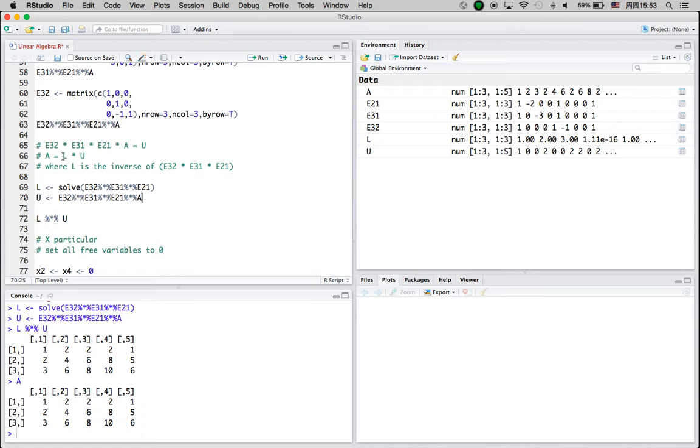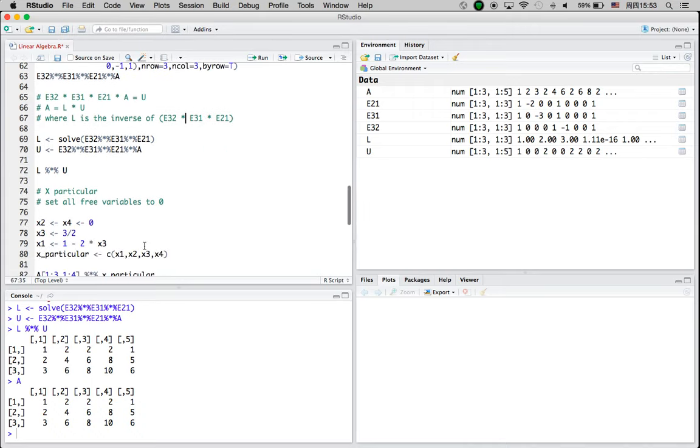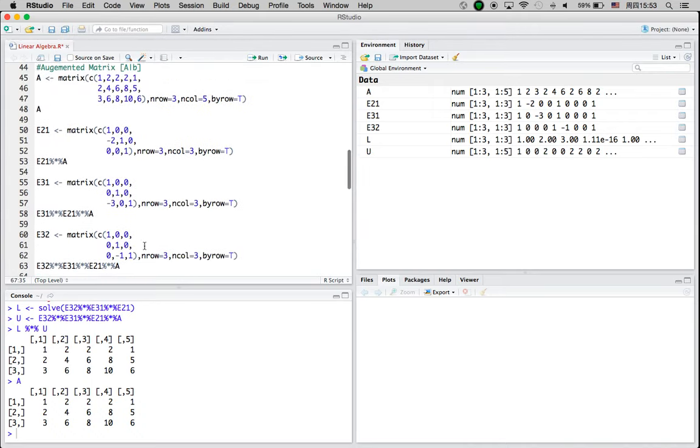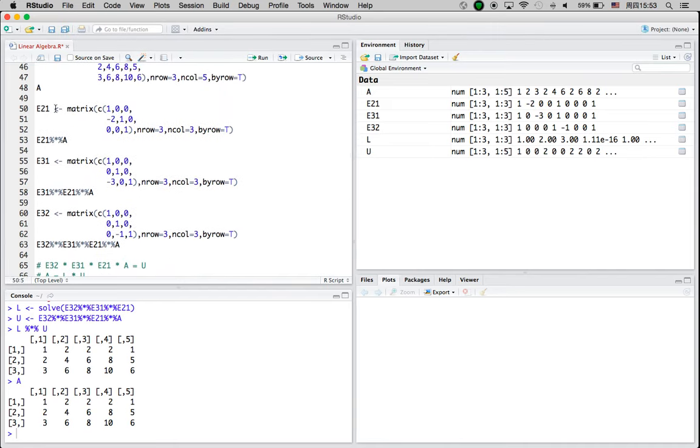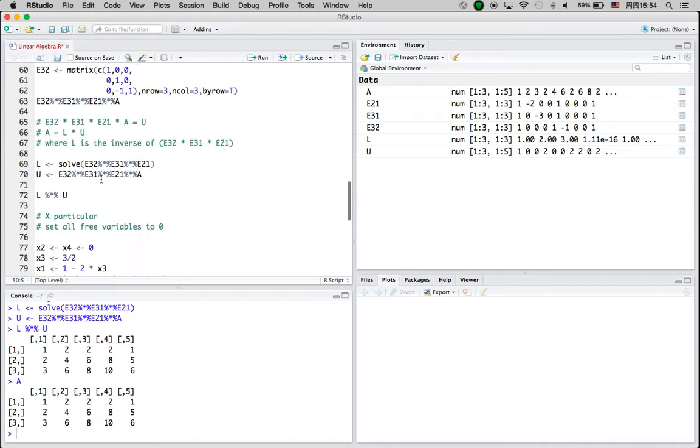To get this factorization, you need to get the inverse of all the elimination steps in the Gaussian elimination. So that is called the LU factorization, and I also demonstrated how to do the Gaussian elimination in matrix format.